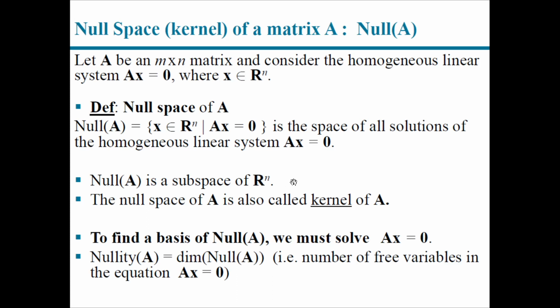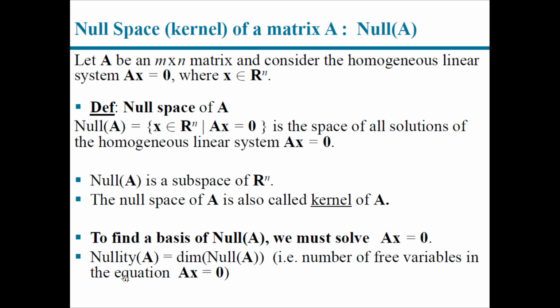Just an observation again. To find the basis of this null space, we will need to solve Ax equals 0. We will see how to do it. We know how to solve it, it's not a big deal. The dimension of the null space, the dimension of this special space, is called the nullity of A. So it's just another name to remember, or just the dimension of the null space.